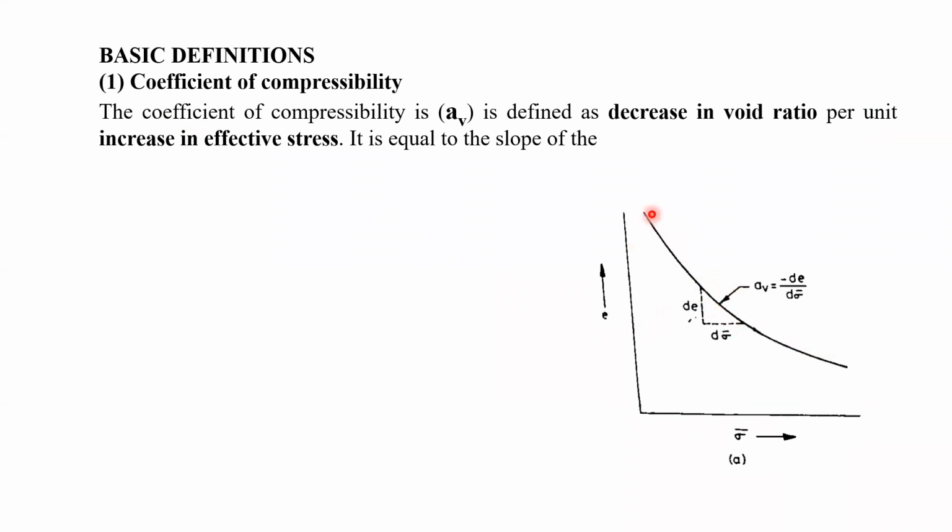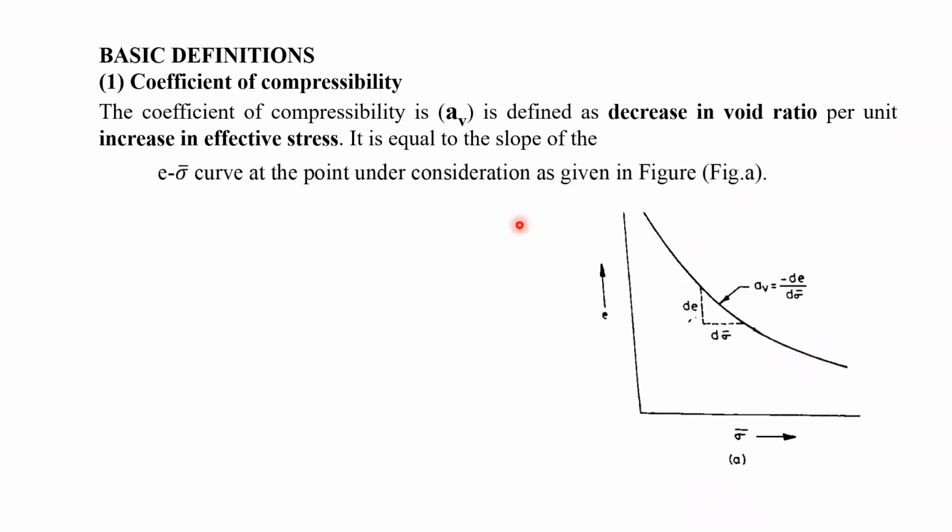So as the effective stress is increasing, the void ratio is decreasing, okay? And we can also denote the coefficient of compressibility by av. So av is equal to minus delta e by delta sigma. Minus sign indicates the increase in effective stress causes decrease in void ratio.